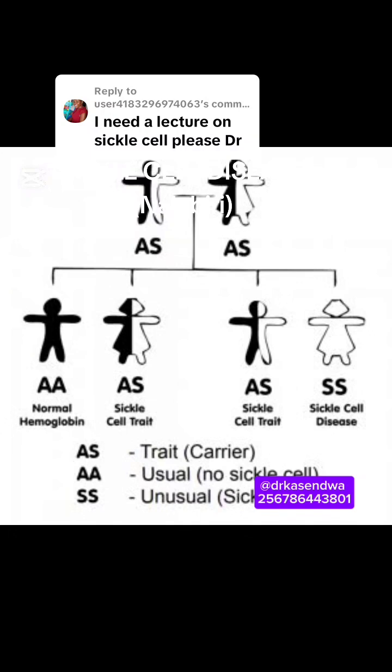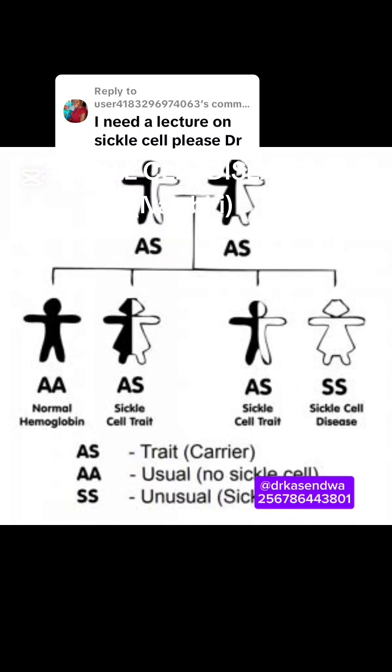So if you have a mutation in that gene on chromosome 11, you're liable to come up with this condition, bringing about the manifestation of the disease, and you can also transfer it to your offspring or children. Remember, you may inherit either one gene or two.